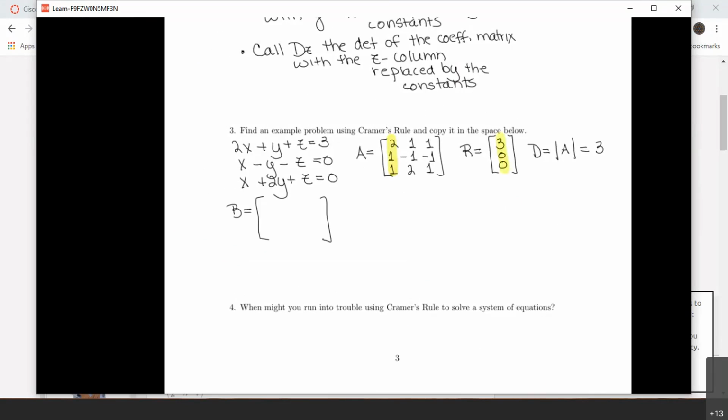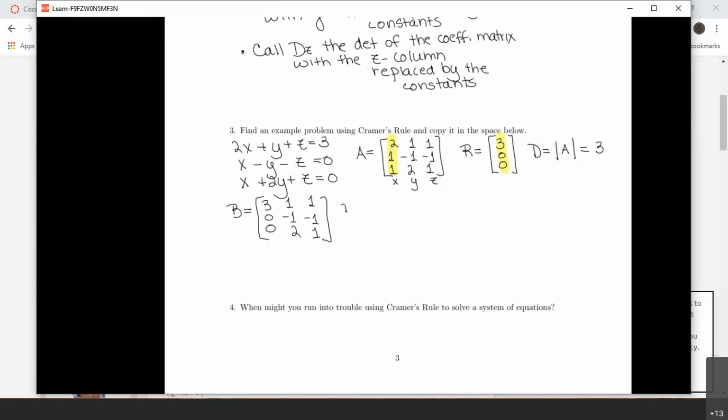So again, replace the X column. This is my X column, my Y column, my Z column, because it corresponds to the different variables in the equations. So this is going to be 3, 0, 0. And then just copy everything else from your coefficient matrix. Don't mess with the other two columns. So there's my B matrix.